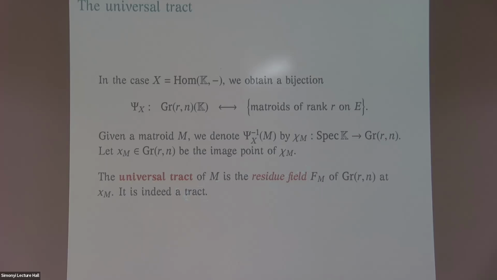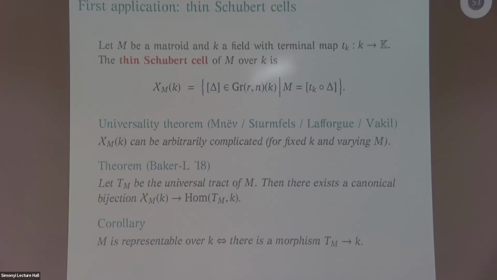I don't give you an explicit definition of that. I just want to appeal to your intuition. The next slide has the definition. It's something that represents that functor. Yeah, if you want, this is a definition.